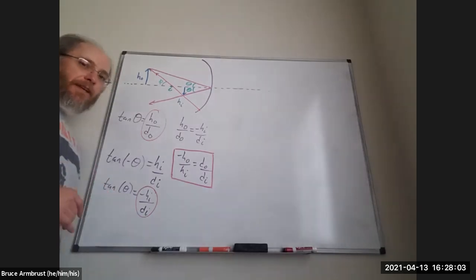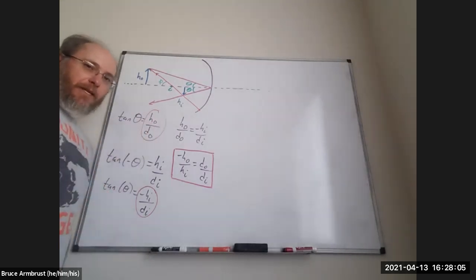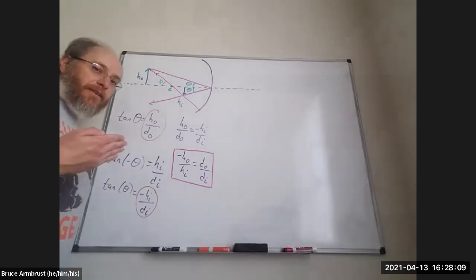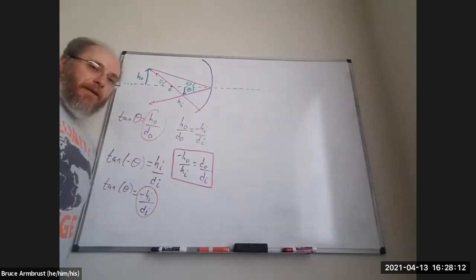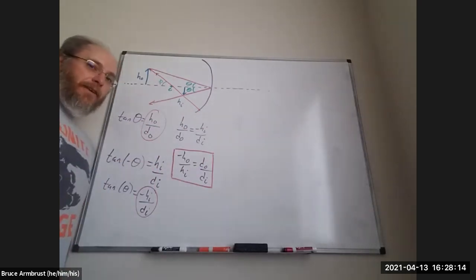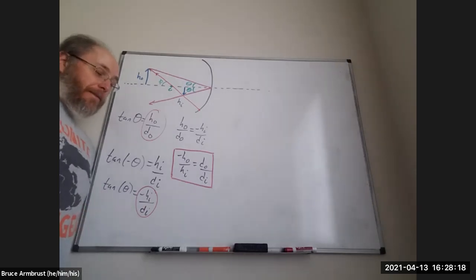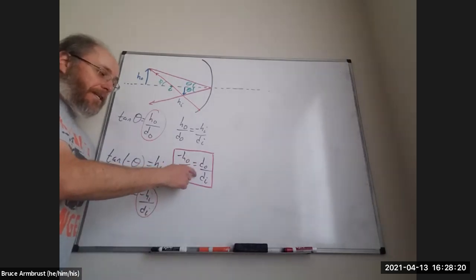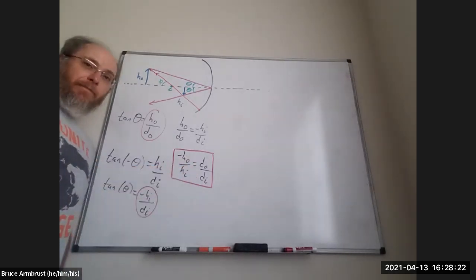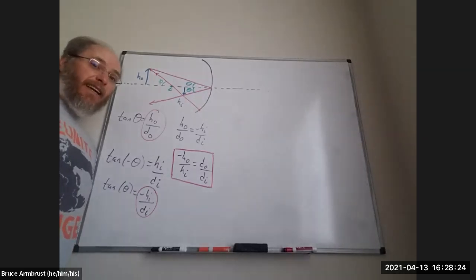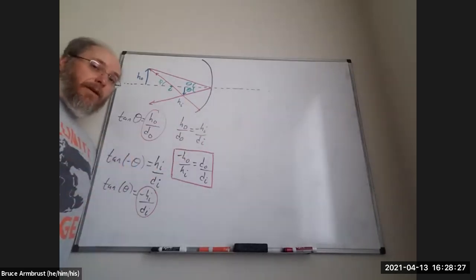And so real quick, just think about looking at your evil twin in the mirror. We already saw that that evil twin is the same distance behind the mirror as we are in front of it. So thinking about that and looking at this, DO and DI are the same, just opposite in sign because one's behind and one's in front of the mirror.